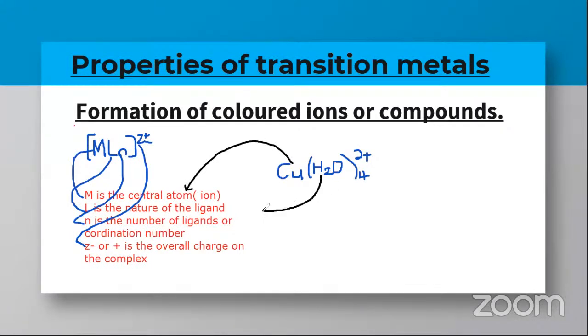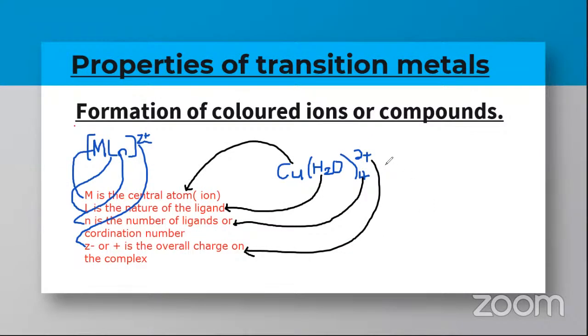Then water is the ligand. The water molecules, those are ligands. Then 4 is the number of ligands. So in this case, we have 4 water molecules attached to the copper ion. Then the charge is 2 plus or plus 2. I hope I'm clear.